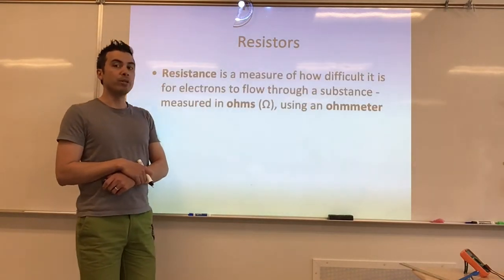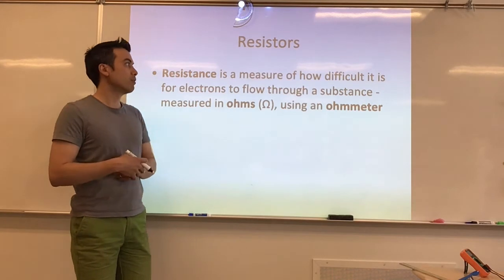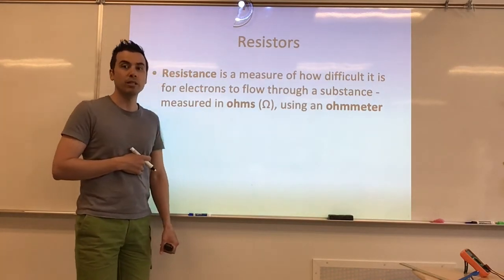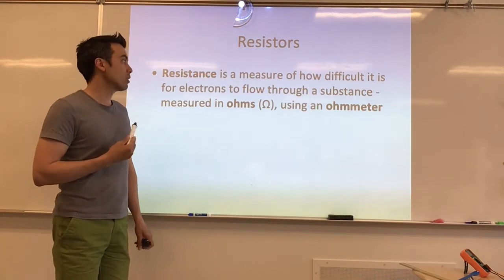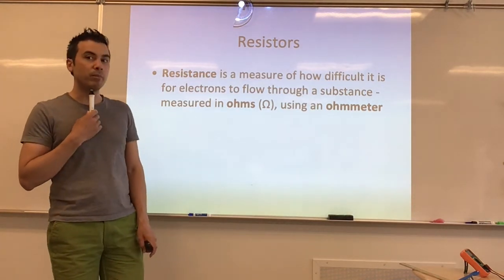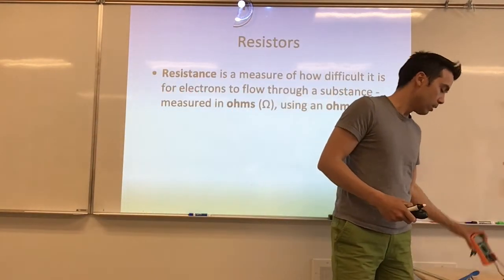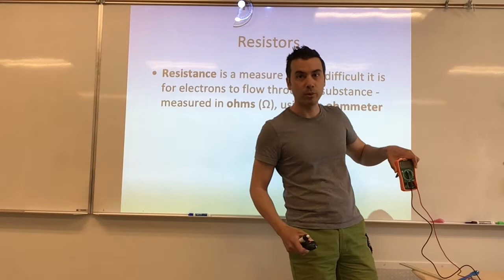Okay, and we do this by using a resistor, and resistance, the measurement of how much we can slow these electrons down, is measured in something called ohms, and we can measure it using an ohm meter or a multimeter like we talked about.